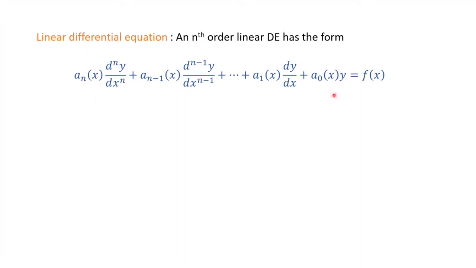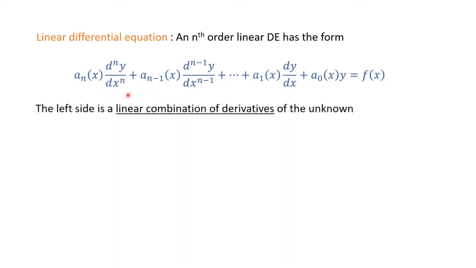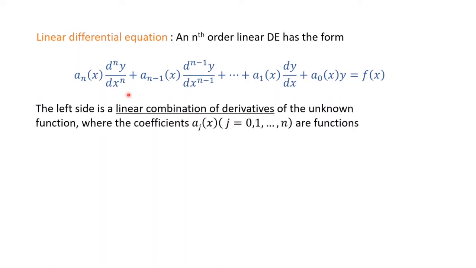What you have on the left-hand side is essentially nothing other than a linear combination of y and its derivatives. If the nth one is the highest one, then it's called an nth order linear differential equation. So all you have is a linear combination of derivatives of the unknown function, with the one difference being that these coefficients are allowed to be functions of the independent variable x.